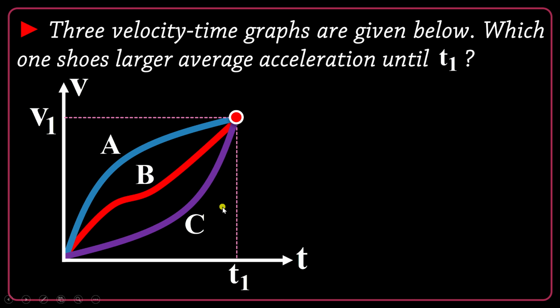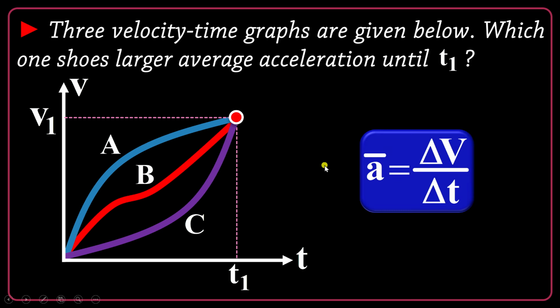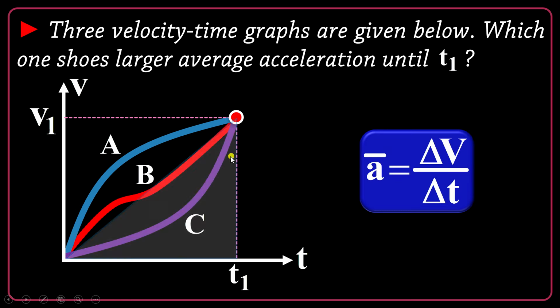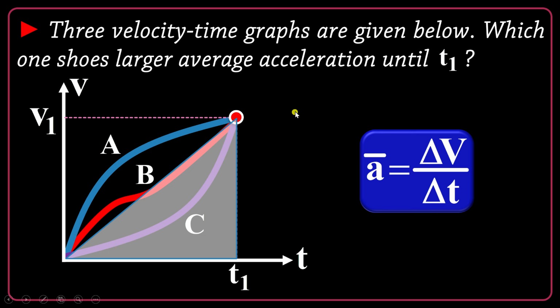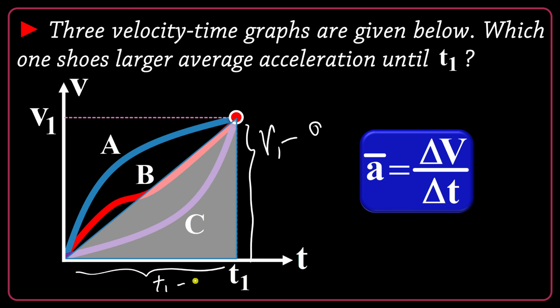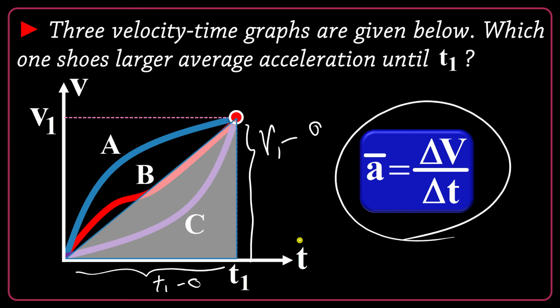For average acceleration, I will just consider the total change in velocity and the total time interval. So if I check it by a triangle, I see the vertical side is v1 minus 0 and the horizontal side is t1 minus 0. So it's the same for the 3 objects. I can say the average acceleration for the 3 objects is the same, equal.